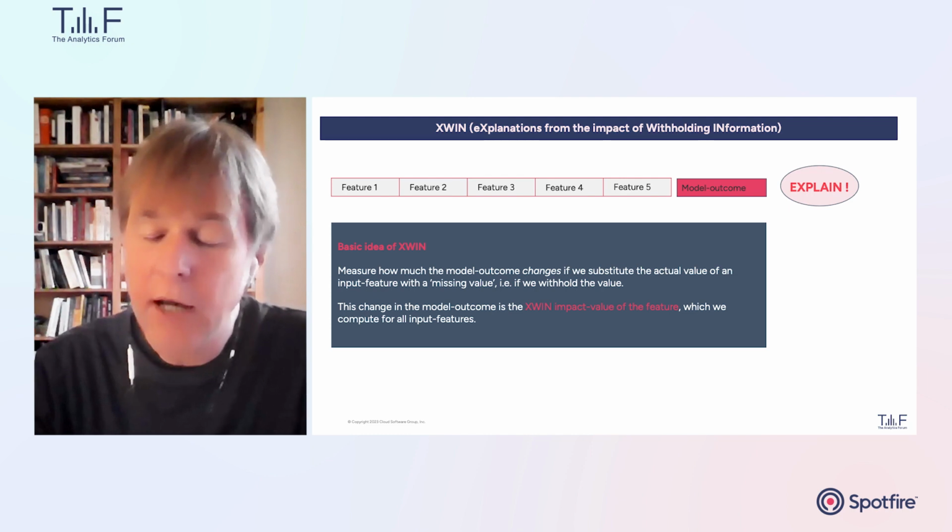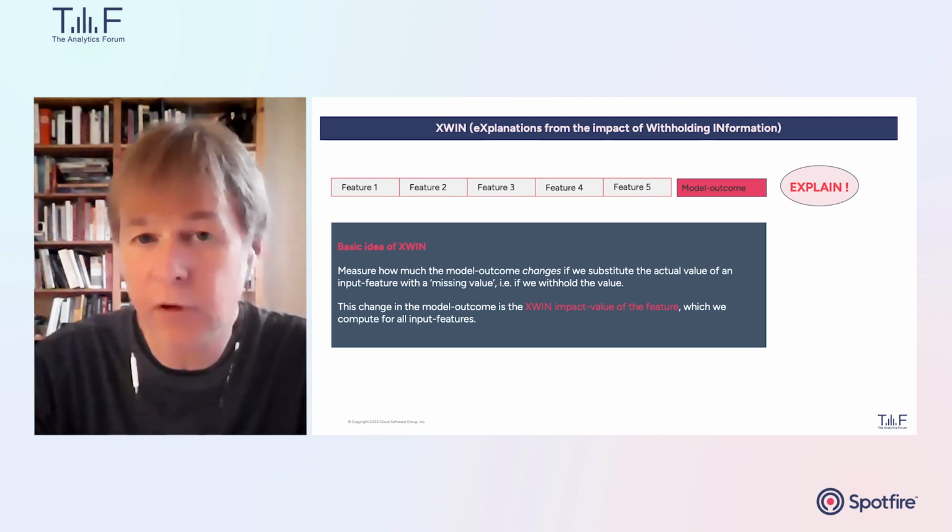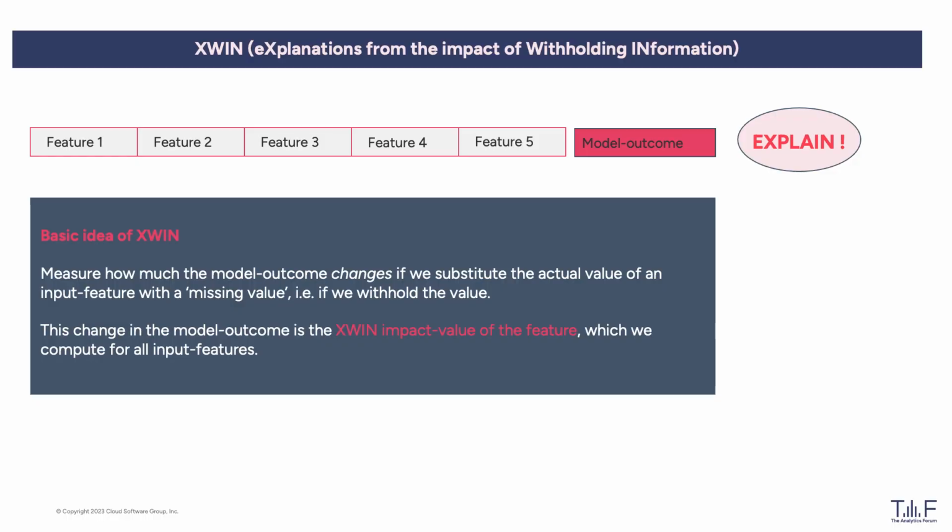XWin stands for explanations from the impact of withholding information. The idea is simple. To assess the importance of an input feature for a particular model outcome, we measure how much the model outcome changes if we substitute the feature's value with a missing value. That is, if we withhold the feature's value.